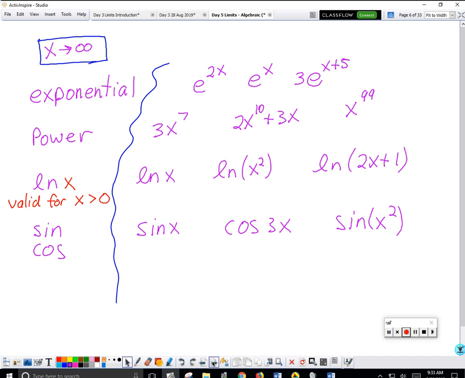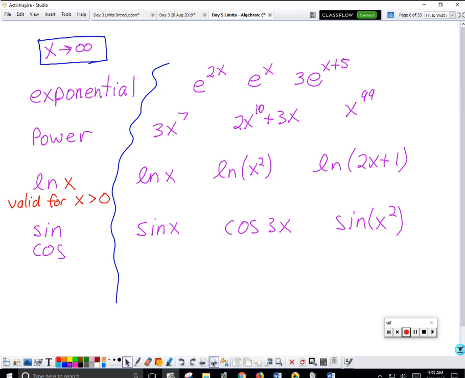You do not need to copy all of this down, but you do need to memorize that if you have an exponential function that involves x, like say this one here, e to the 2x, and x is getting bigger and bigger and bigger, this is going to get bigger and bigger and bigger. It just grows, okay?